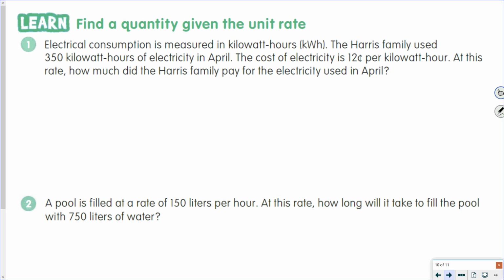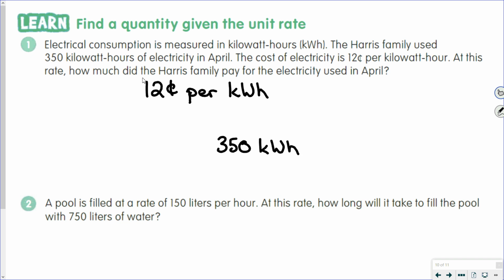Okay. Well, if it's 12 cents per kilowatt hour, that means we're dealing with 1 kilowatt hour. And they use 350 kilowatt hours. Well, to get from 1 kilowatt hour to 350, you would have to multiply by 350, which means we have to take the 12 cents and multiply it by 350.